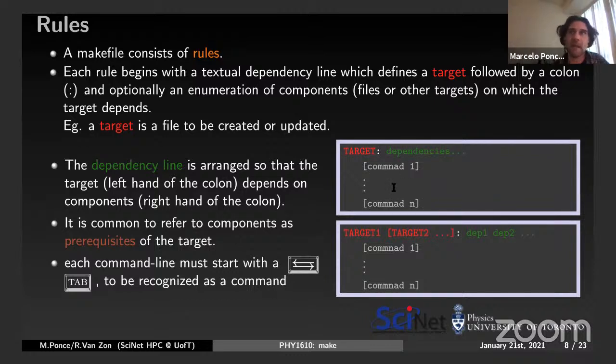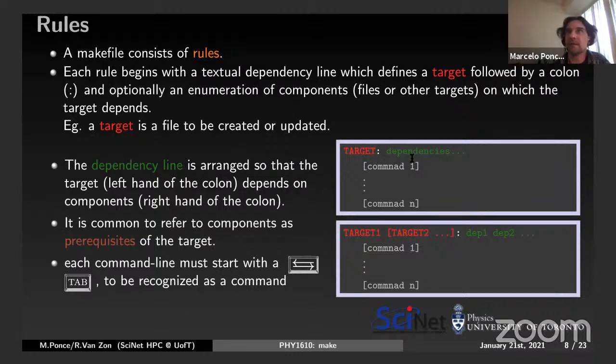Okay. And then what follows is the list of commands that you would issue in the terminal if you were doing it interactively to generate that target. And again, think about the compilation process. Think about the compilation we saw last class, like generating the object file and then linking the object file with whatever libraries or other modules are needed for generating your executable.